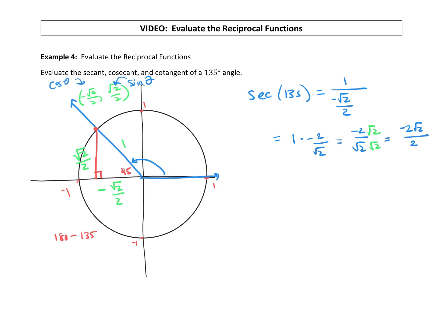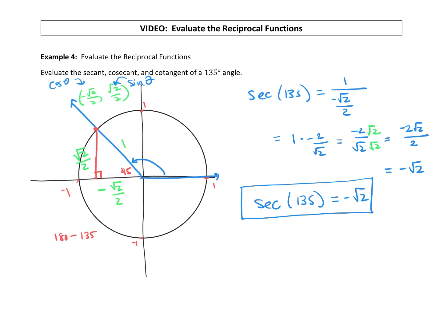Those 2's will cancel, leaving you with just a negative root 2. So let's rewrite. We have secant of our 135-degree angle is equal to a negative root 2. There is one of our reciprocal functions. We also need the cosecant.